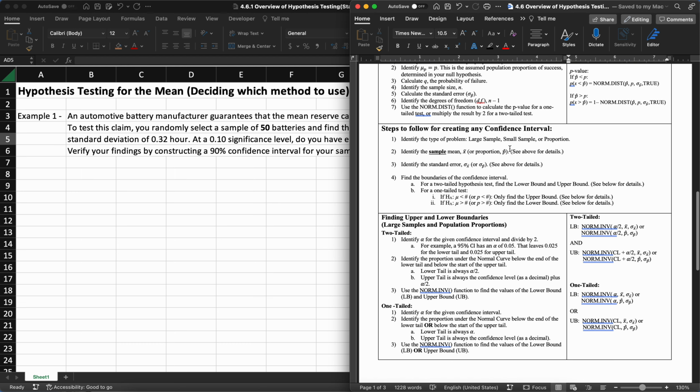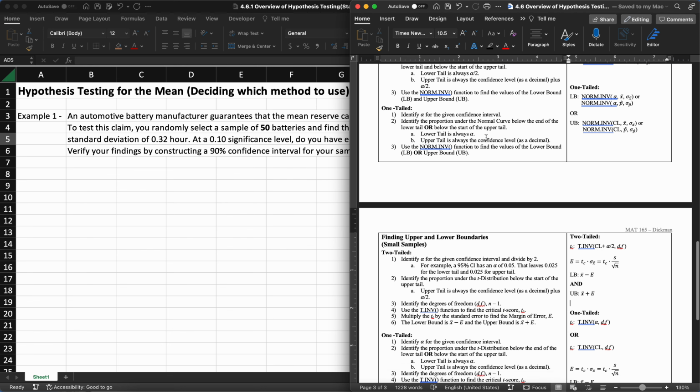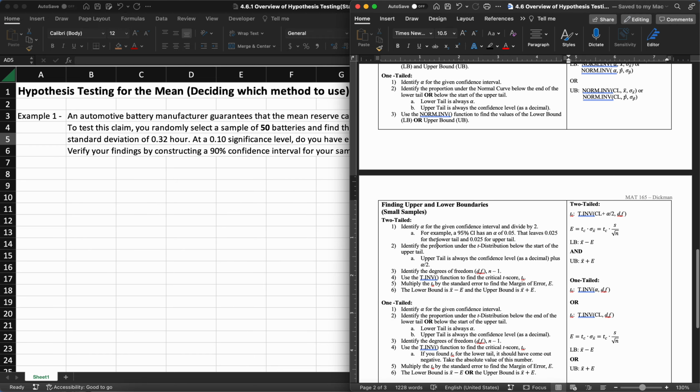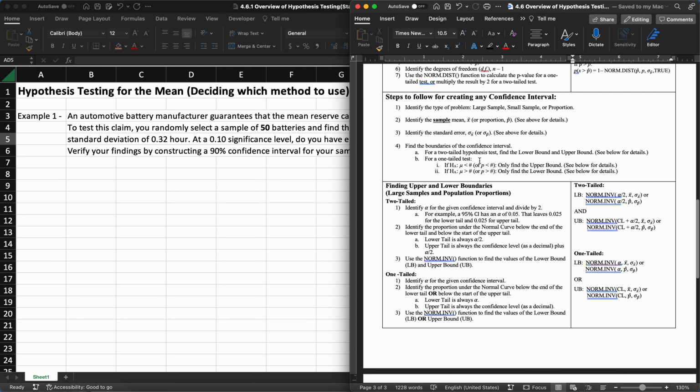And then we have steps to follow for creating any confidence interval, along with steps for finding the upper and lower boundaries for a large sample, which is the same as the population proportions, other than some of the symbols that we use. And then for both a two-tailed and a one-tailed test. And then we're also going to look at small samples for a two-tailed and one-tailed.